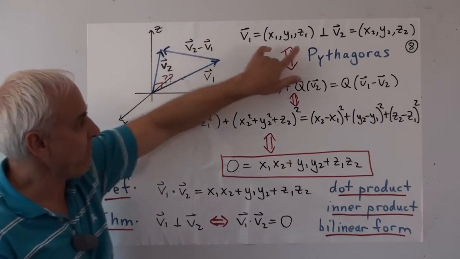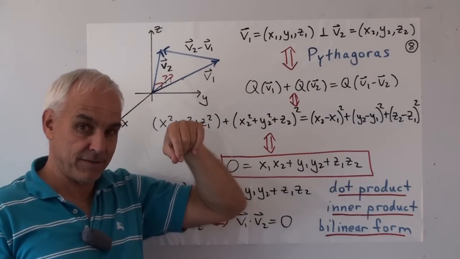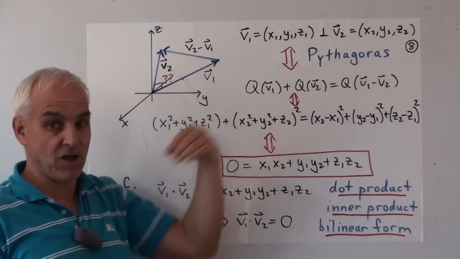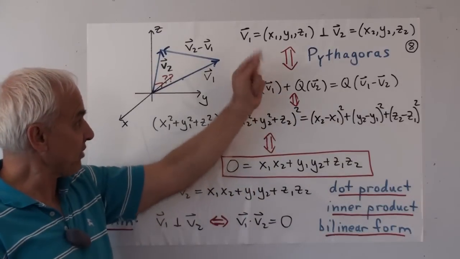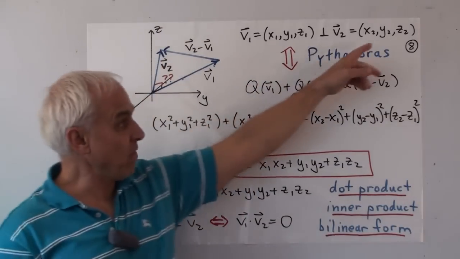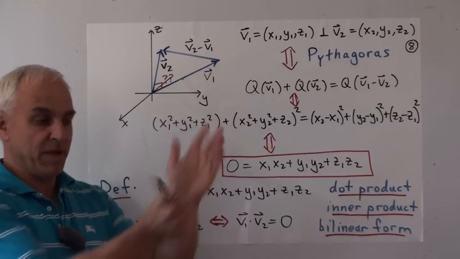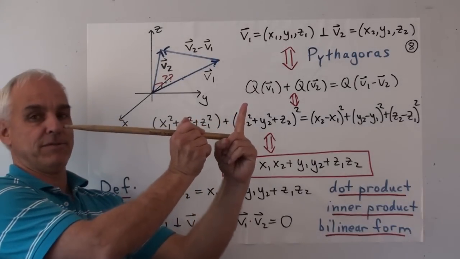I denote it with round brackets because it's subtly different from the point with square brackets. So when you see round brackets, I'm usually talking about a vector. So we have vector v1, (x1, y1, z1), another vector v2, (x2, y2, z2). And we want to ask, well, when are these perpendicular vectors, like these ones?